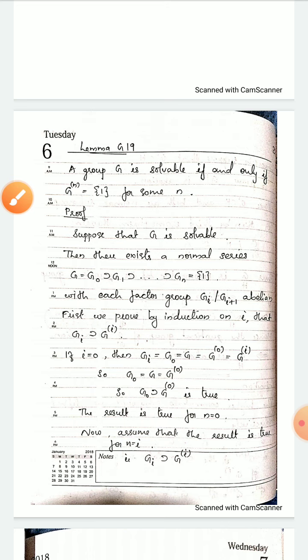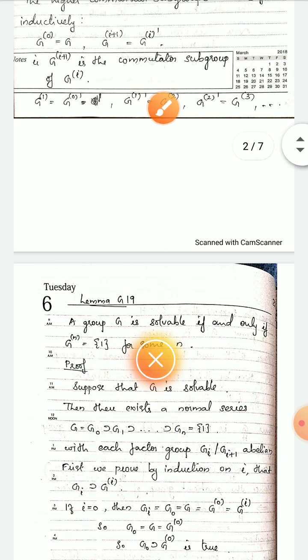The commutator subgroup of G is G1. The commutator subgroup of G1 is G2. Like that it goes on, and this Gn is some commutator subgroup of G, and Gn is {1} for some n.